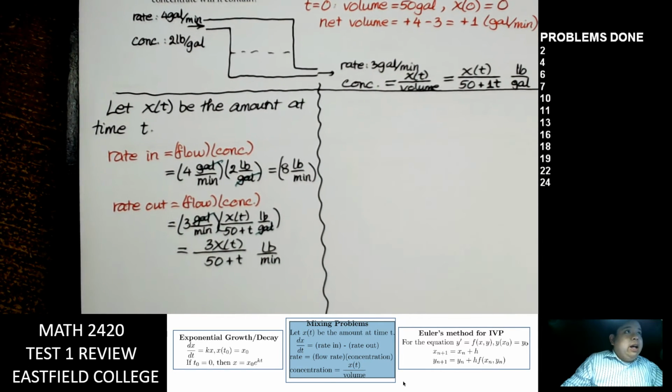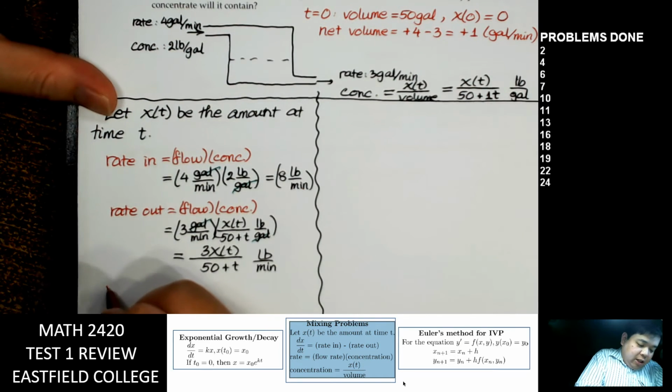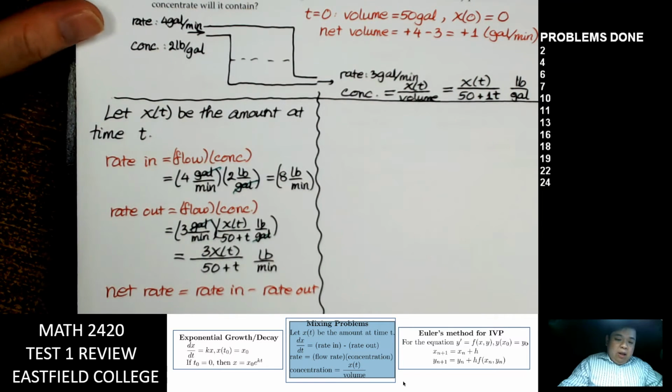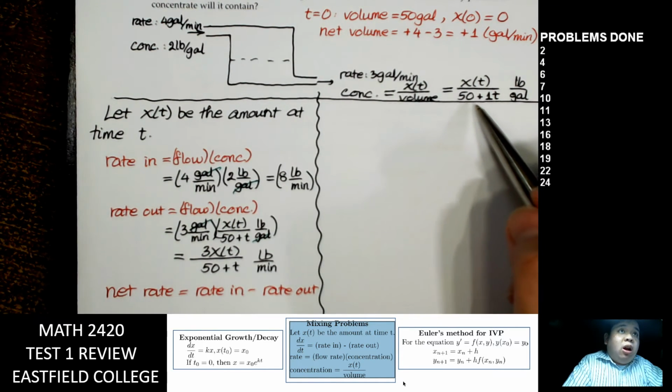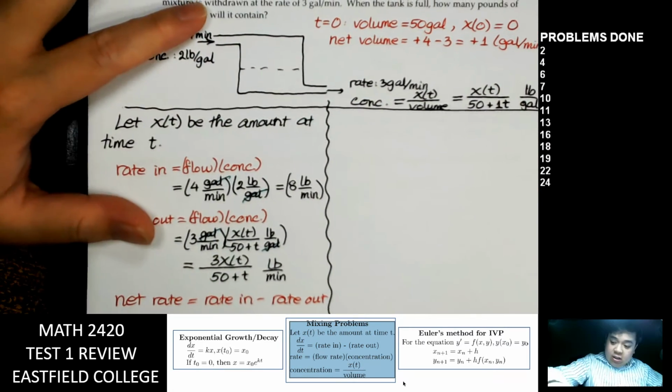Right, and to get the equation, the net rate is equal to rate in minus the rate out. The problem is a little bit complicated when the volume is non-constant. Number 23 will be similar to that.